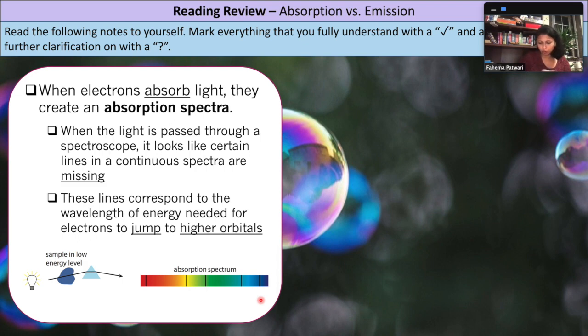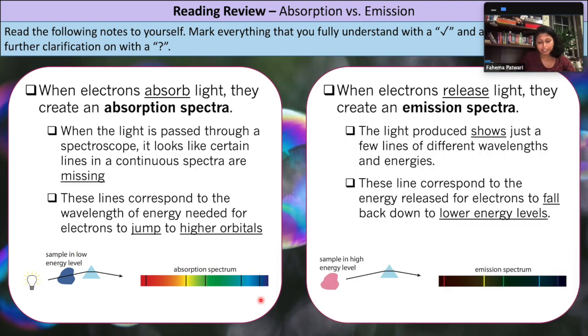So this is the absorption spectrum. In an emission spectrum, there's no original light source. There's an energy source that excites, like say electrical current in a light bulb, it excites the sample, and then as the electrons in that sample fall back down to lower energy, it releases light. Depending on what the gaps are between energy levels, you'll see specific frequencies of light being released.